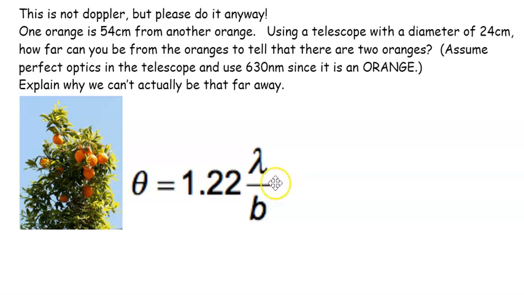that's going to be a pretty small number. If you think about it, you're looking through a telescope at two oranges, so the angle formed between wherever you are looking at these two oranges is going to be a very, very small angle.